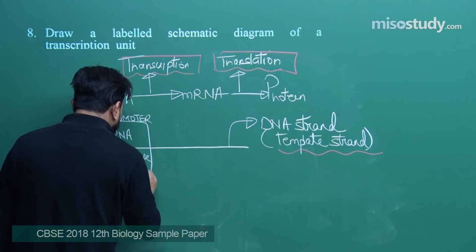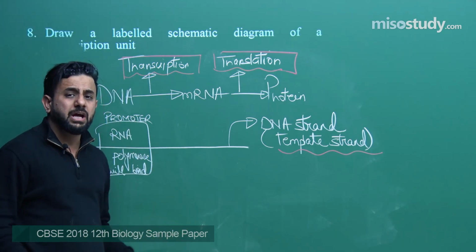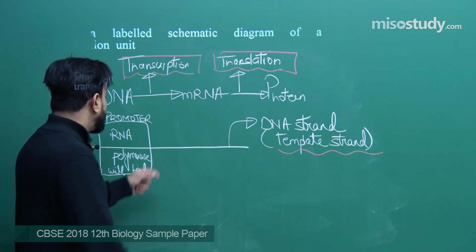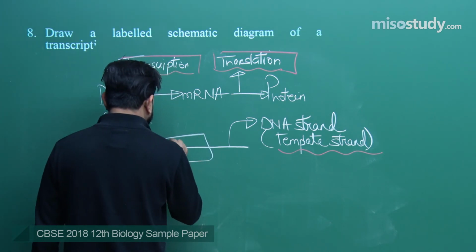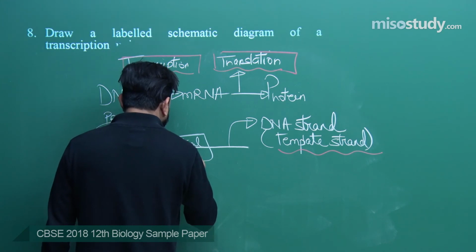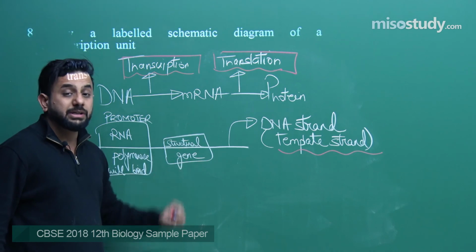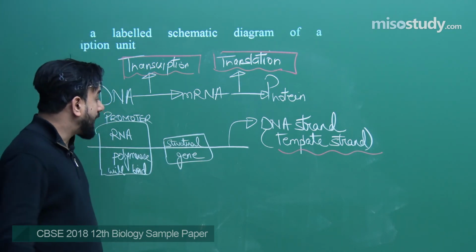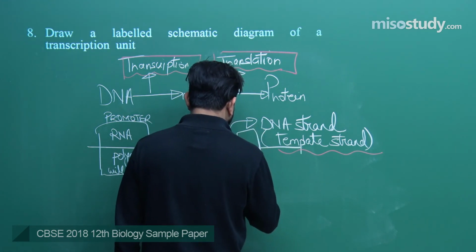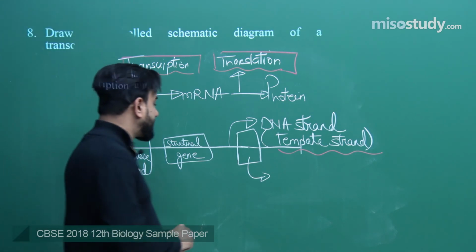Now the promoter region is ready. This part is the structural gene, and the structural gene codes for the protein for which the mRNA will be synthesized. And last but not the least will be this site, the terminator site.